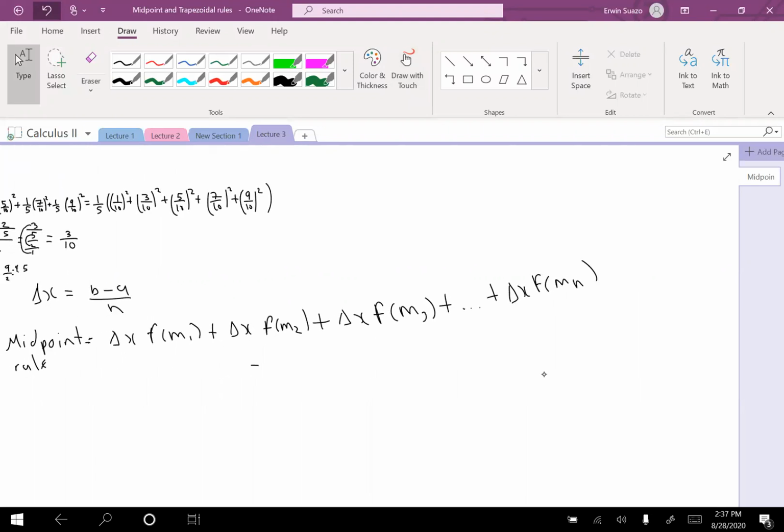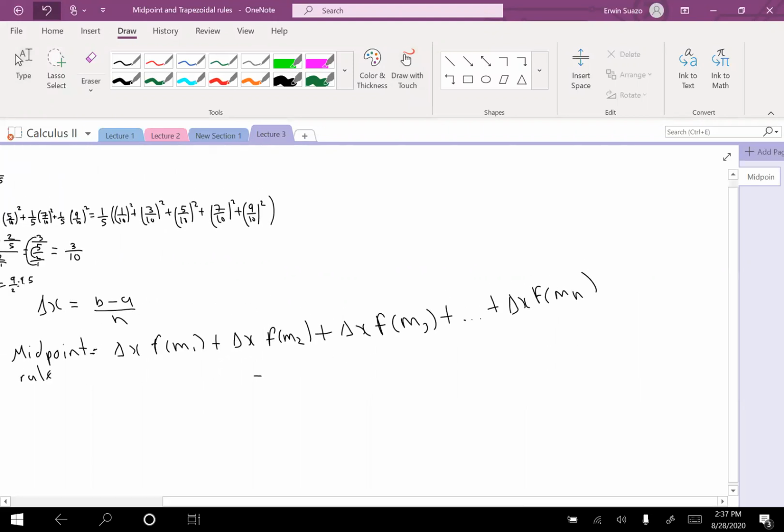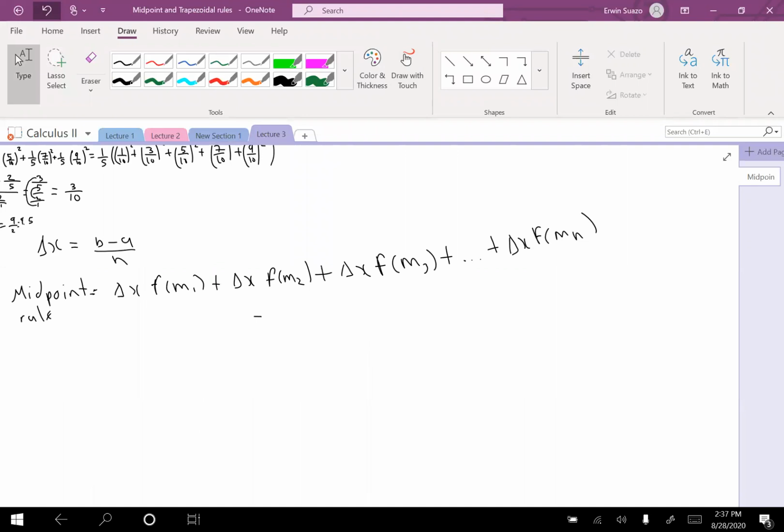But we already said that you can just write this, as you know from your pre-calculus and calculus, using this notation: delta x times the sum of f of m_i, when i equals 1 to n.